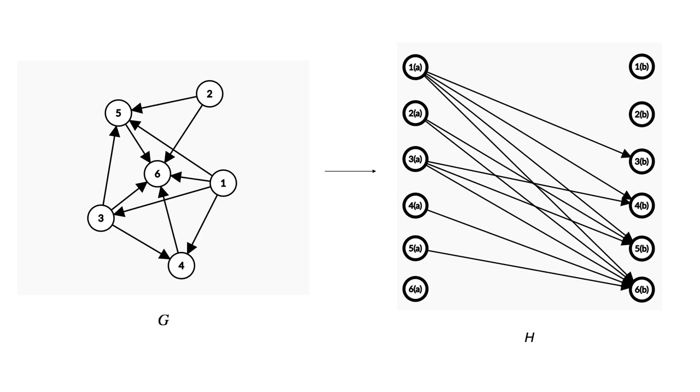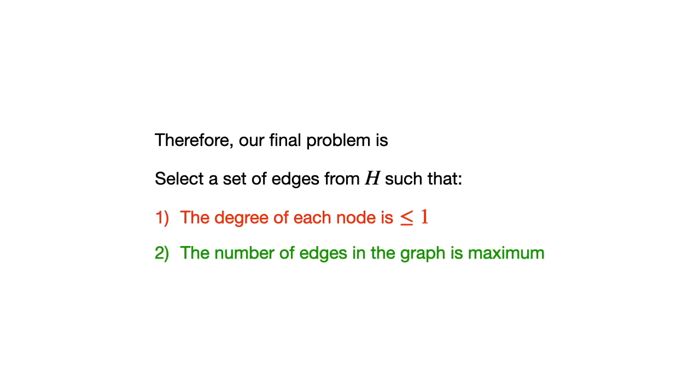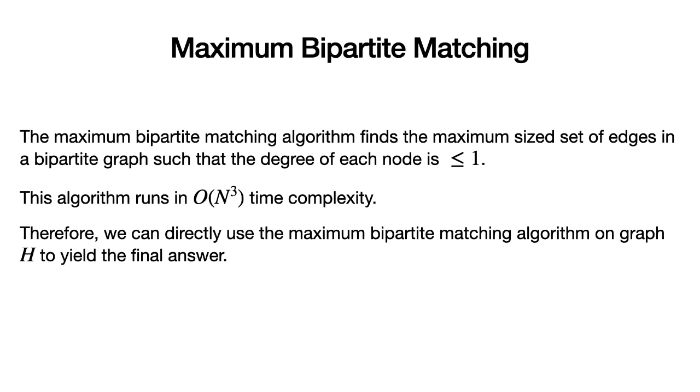Okay, so with this conversion, our problem changes to selecting a set of edges from H such that the degree of each node is less than or equal to 1 and the number of edges selected is maximum. Now, this has helped us a lot because we can finally perform our optimization with a standard algorithm known as maximum bipartite matching.